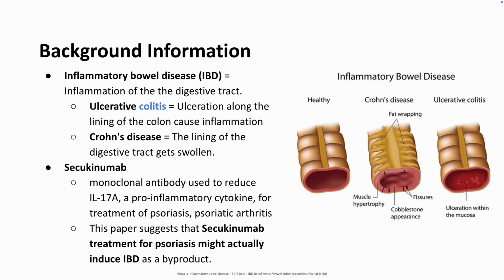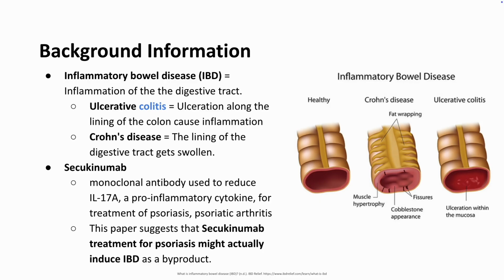And secukinumab is a monoclonal antibody. It's an antibody that is used to reduce IL-17A, an acronym for interleukin 17A. It is a cytokine that triggers your immune activation to cause inflammation.